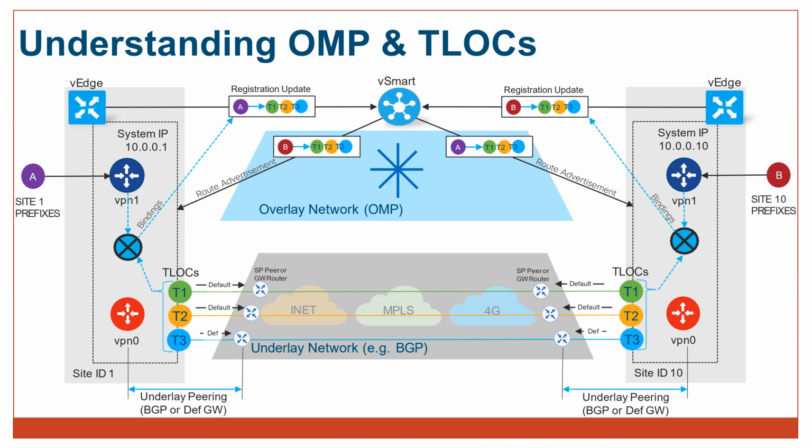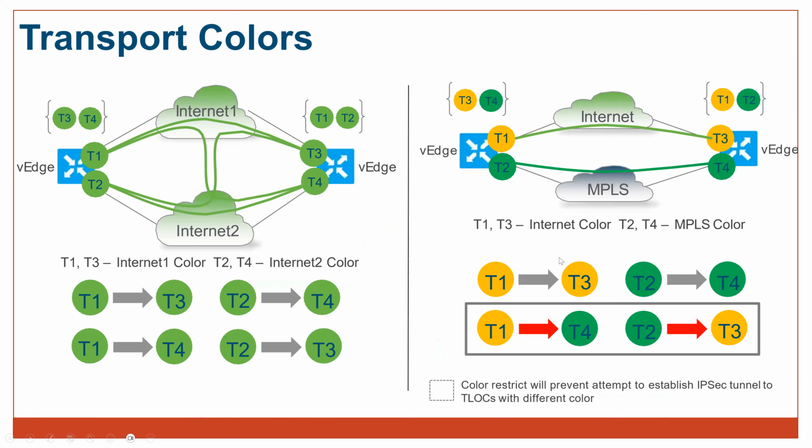So B will get to know about A and A will get to know about B. So they will get the updates. Simple, straightforward. What are the new things we have to learn? We have to learn the different attributes of OMP, and the different attributes of TLOC. So let's go and learn.